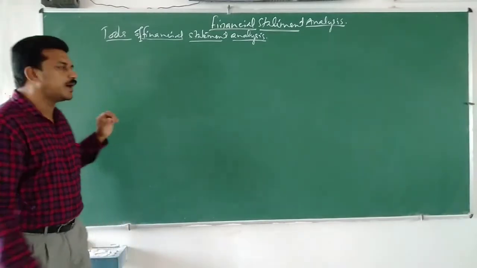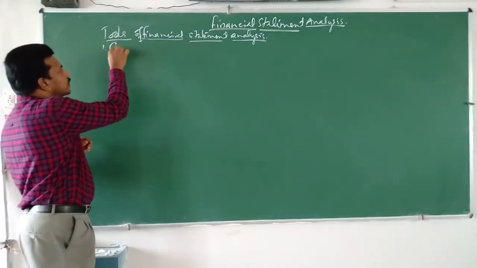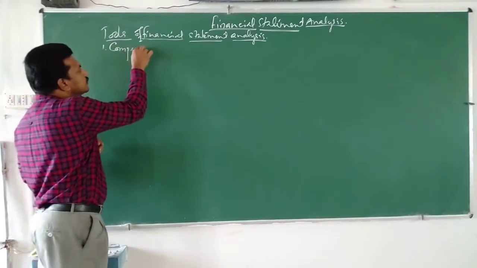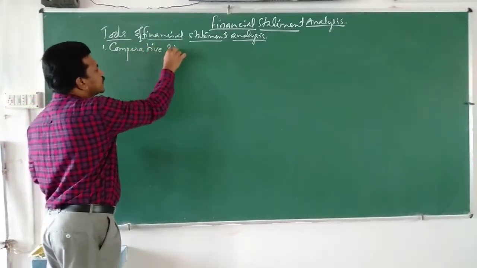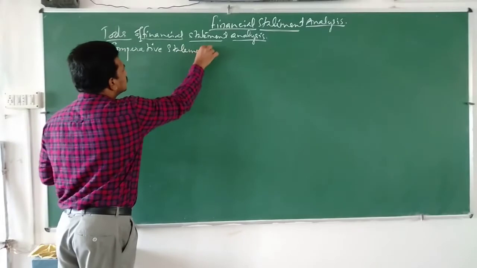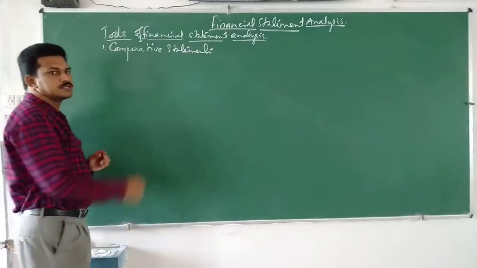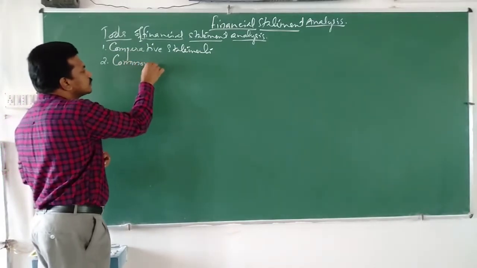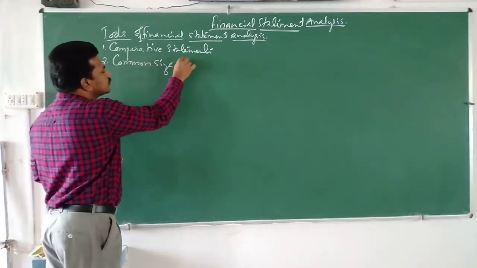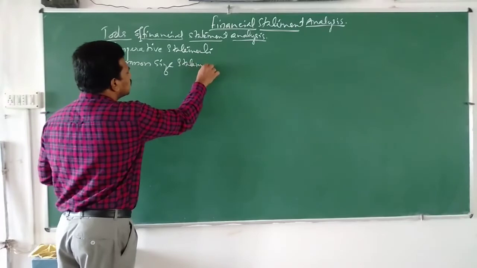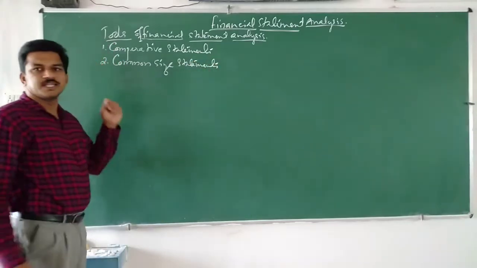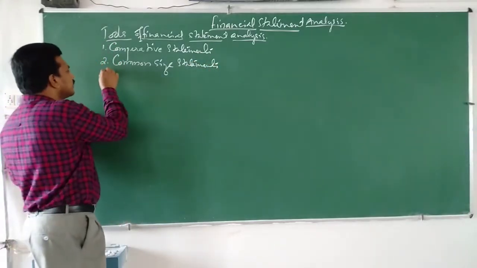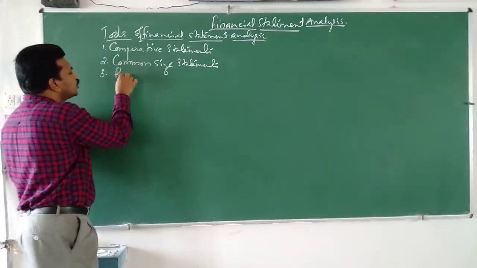First one is comparative statements. Second one, common size statements. Then the third one can be ratio analysis.